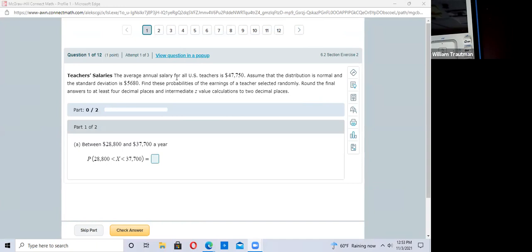The average annual salary, this assumed distribution is normal, and standard deviation. Find the probabilities of the earnings of a teacher. They want to know the probabilities of these two.